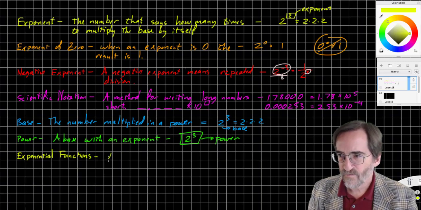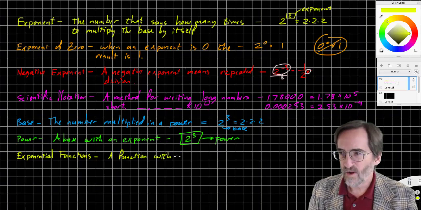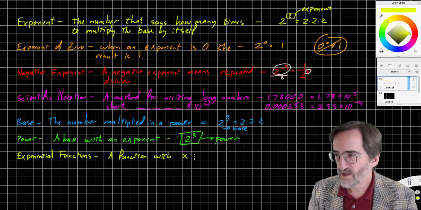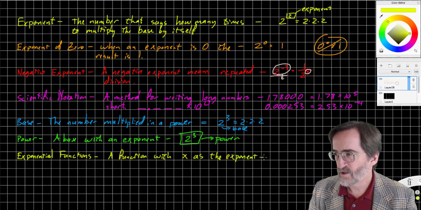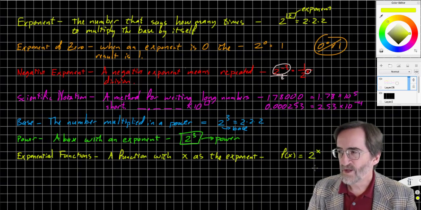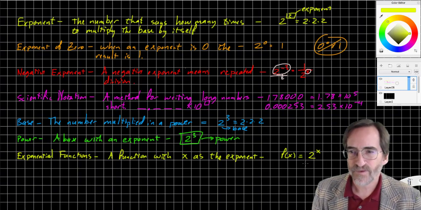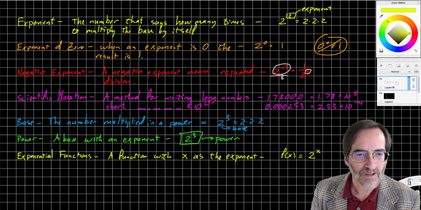It's a function with x as the exponent, or any variable technically. Example, f of x equals 2 to the x. That's an exponential function. It means to multiply by 2 repeatedly.